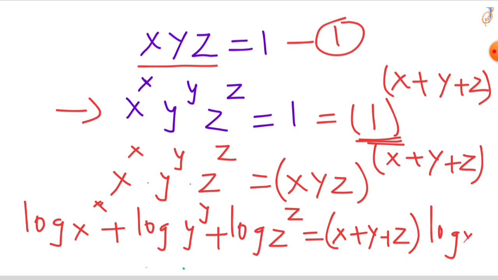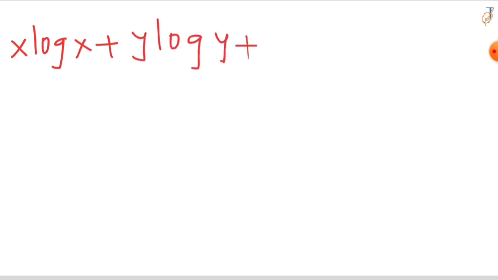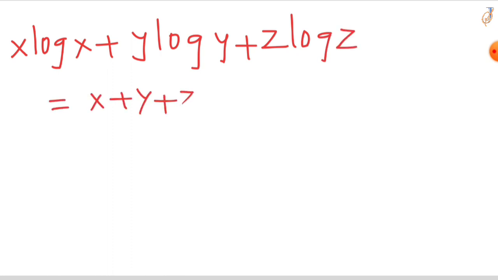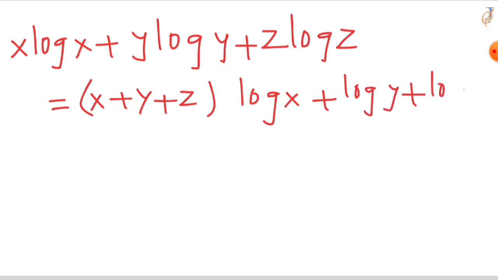yz, isn't it? So the left hand side turns into x log x plus y log y plus z log z, that is equal to x plus y plus z. This log xyz we can write as log x plus log y plus log z.